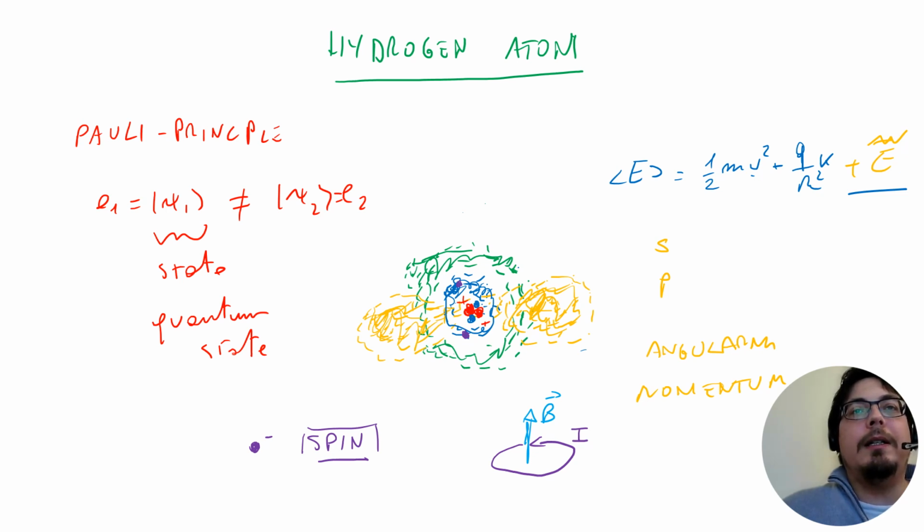And the magnetic field can be pointing up or down. And they will have different energy levels in the presence of magnetic fields.